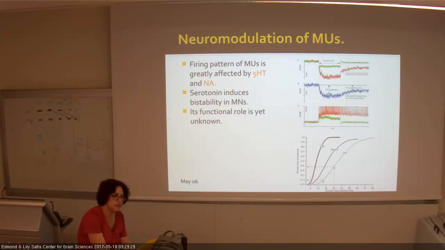Okay, and what other options? I have a question. Is it always to lower the threshold so there's more excitability, or can it happen the other way around?